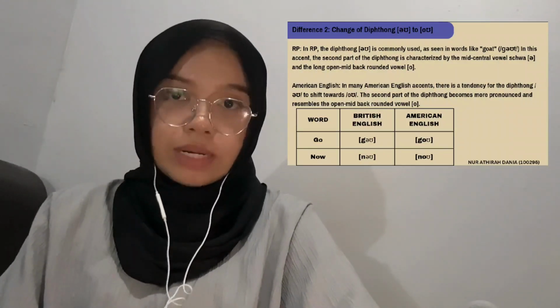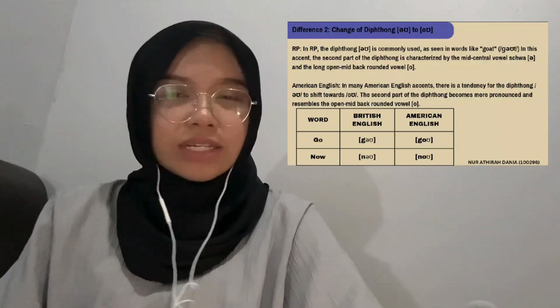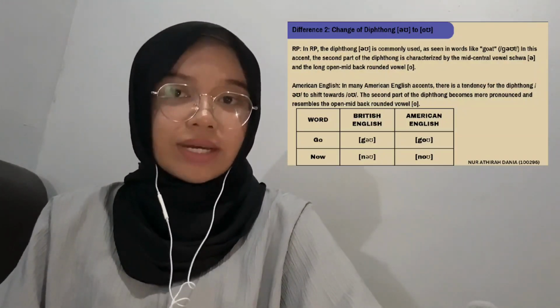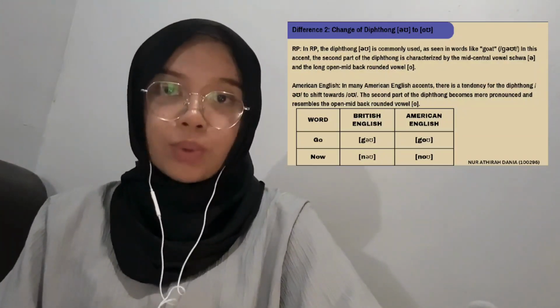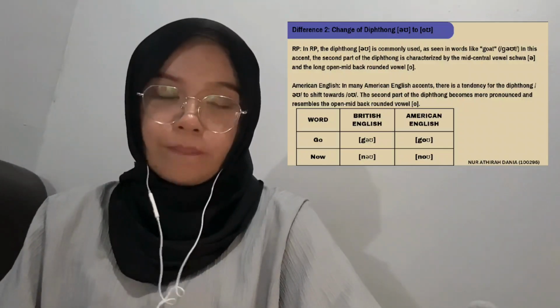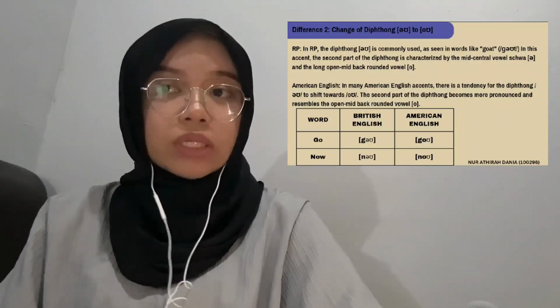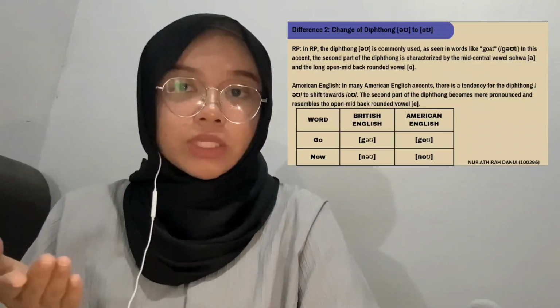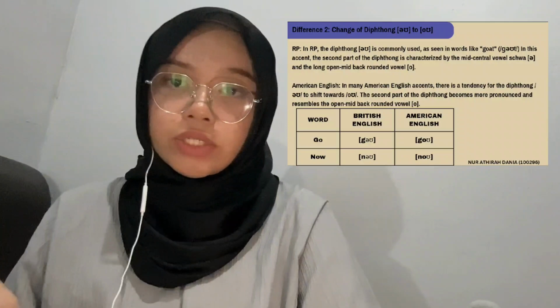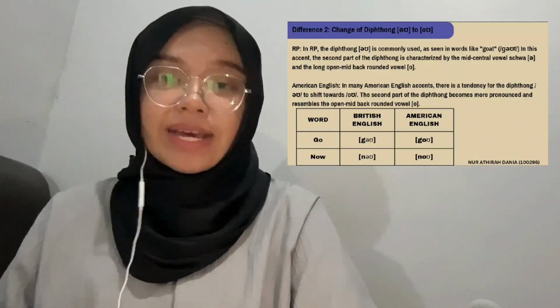On the other hand, in many American English accents, there is a tendency for the diphthong to shift. The second part of the diphthong becomes more pronounced and resembles the open mid back rounded vowel. There are many examples of words that can be used in order to hear the differences between these accents.